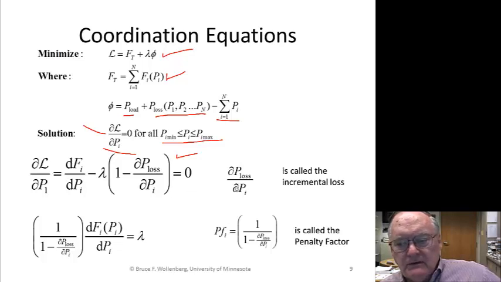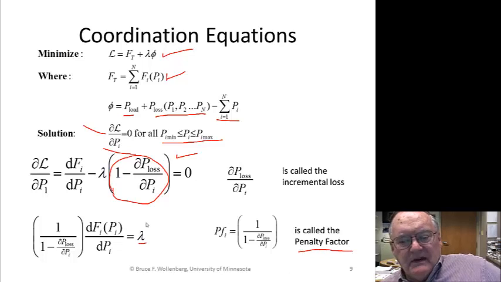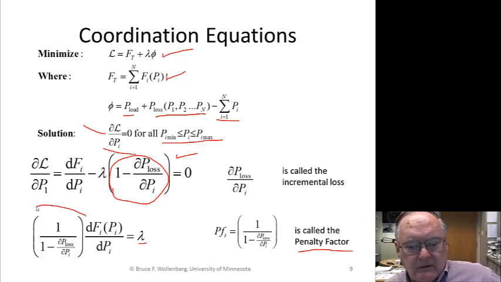Now what I'm going to do this time is take this thing that I'm circling here, flip it around and multiply it times the incremental loss and say that's equal to the Lagrange multiplier. And this thing is called a penalty factor. Think of it this way. This is a factor that multiplies the incremental cost of every generator, and then they all equal a value lambda.